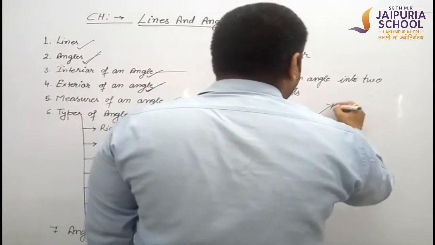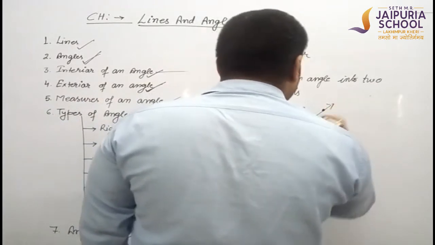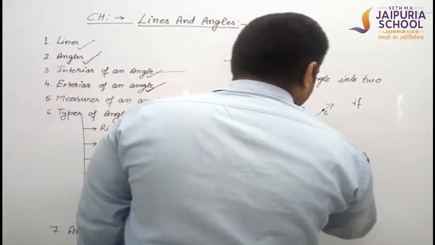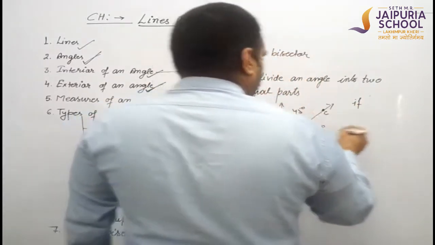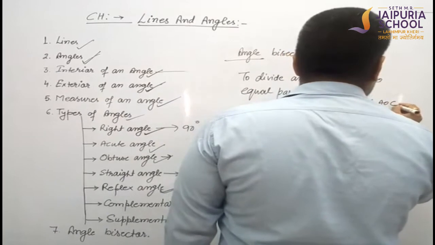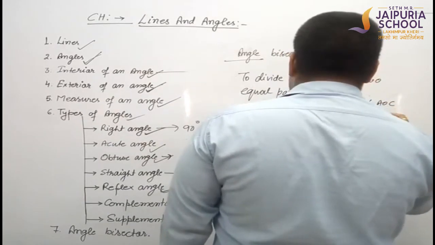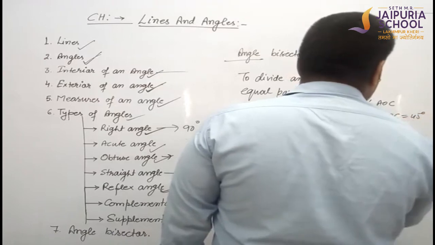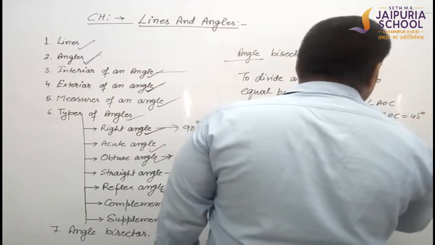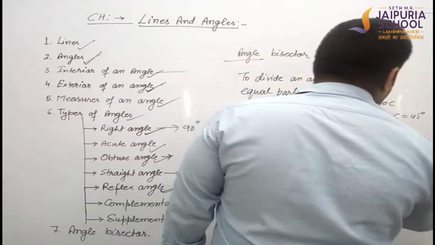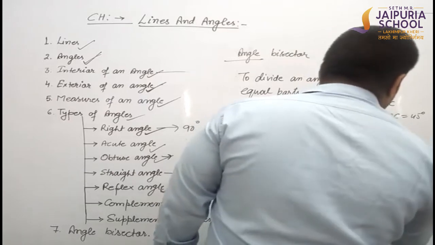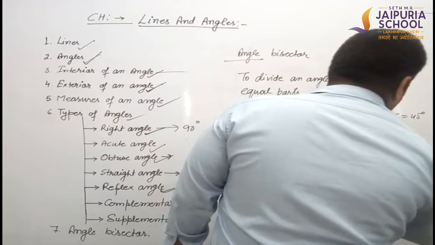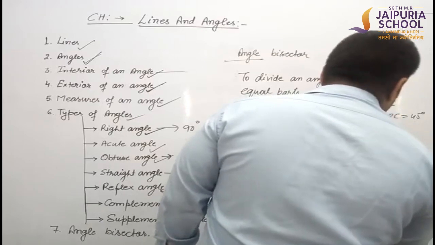So I can say that this ray OC, if angle AOC is equal to angle BOC equal to 45, then ray OC is called angle bisector.